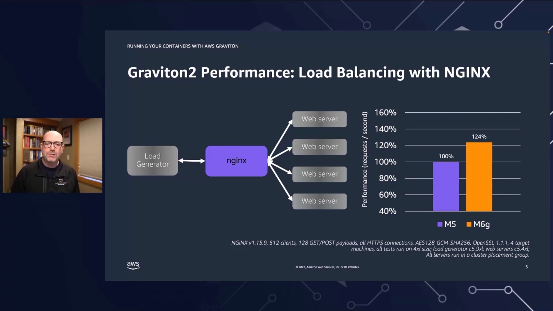You can see here that in terms of requests per second, we can see a 24% difference, 24% faster on M6G instances versus our M5 instances. This is real-world performance that Graviton unlocks.